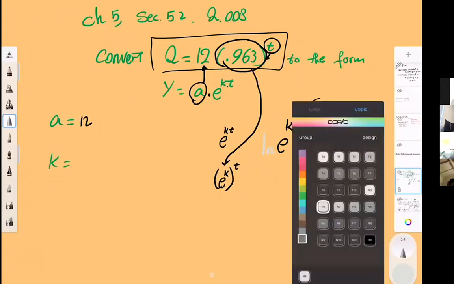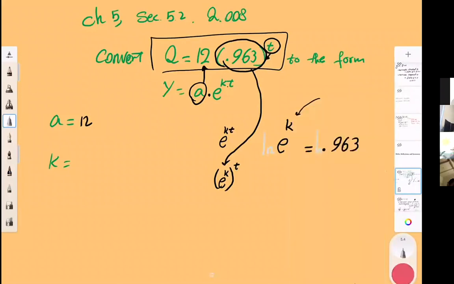Now the k comes over here: k ln of e equal to ln of 0.963. ln of e is 1, so k equal to this. If they said exact, you leave it like this. If they said rounded, you round it.